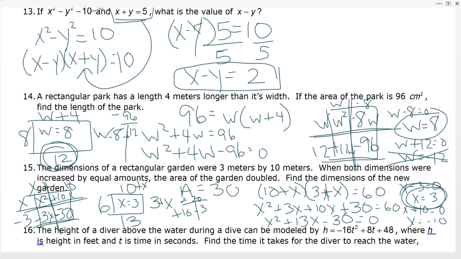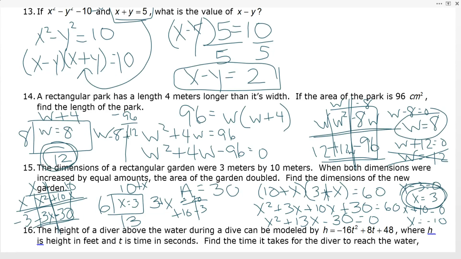Because it's not 10 and 3. Yeah, it is. No, it's not. Huh. Maybe I did this wrong. Plus 3x plus 10x is 13x. 30 minus 30. 10 and 3, minus 10.